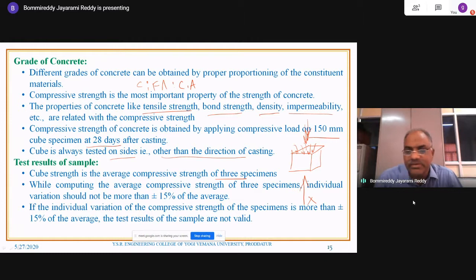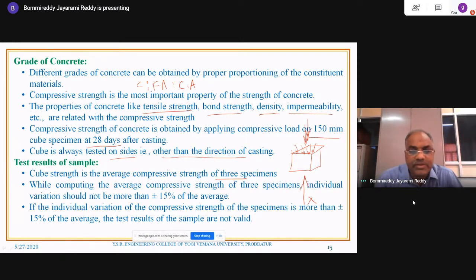But there are certain small conditions to check whether the concrete has the correct average value or not. While computing the average compressive strength of three specimens, the individual variation should not be more than 15% of the average.